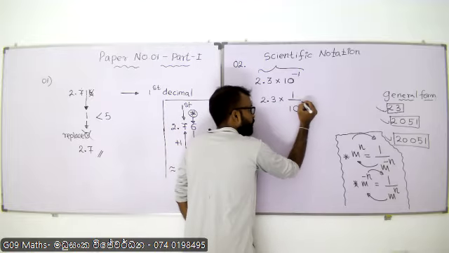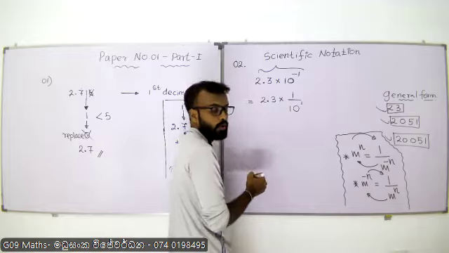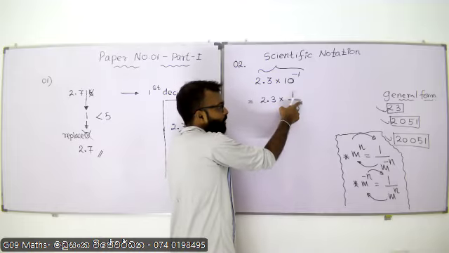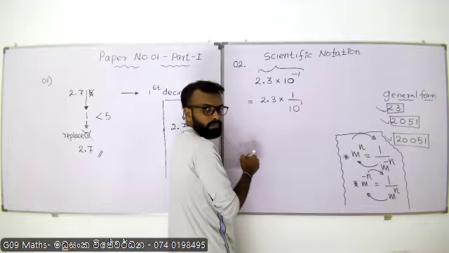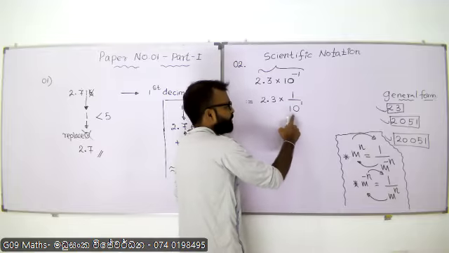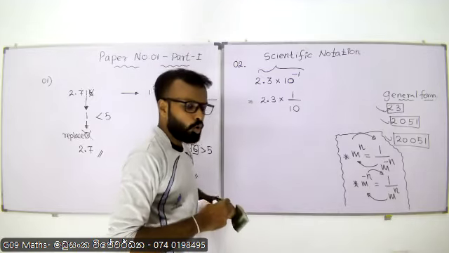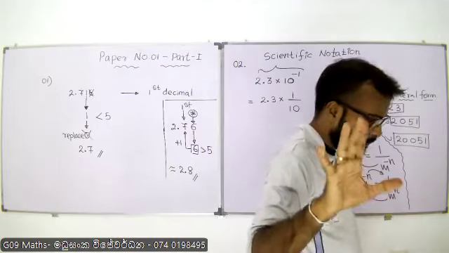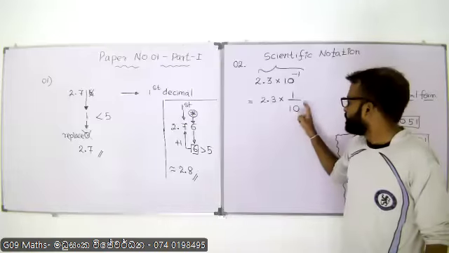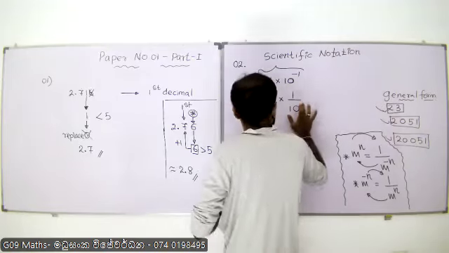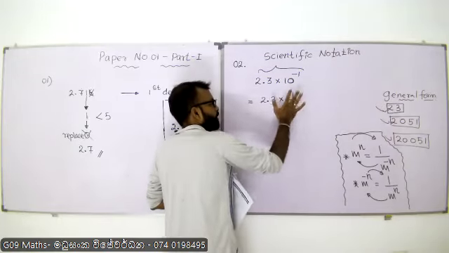Am I going to put 10 to the power 1 here? No. Normally we are not going to mention the power 1, so we can keep it like this: 1 over 10.